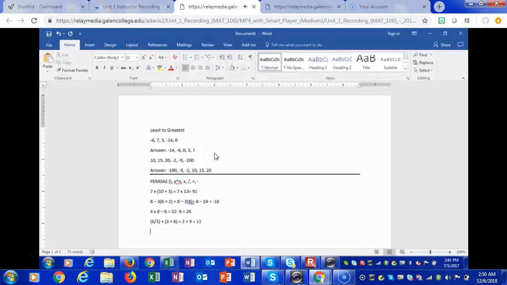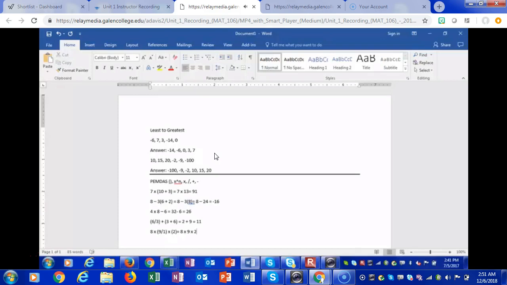All right, let's keep going. 8 times (9 divided by 1) times 2. Well, in the parentheses, you have an operation, 9 divided by 1. What is 9 divided by 1? 9 divided by 1 is just itself. So 8 times 9 times 2.